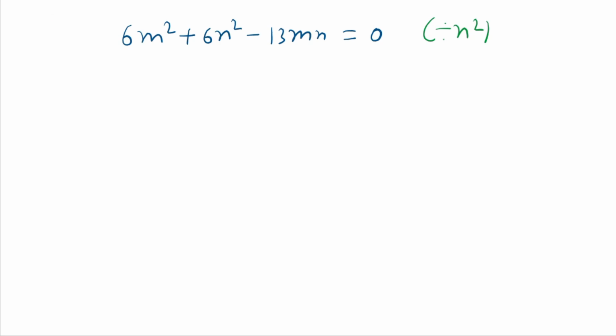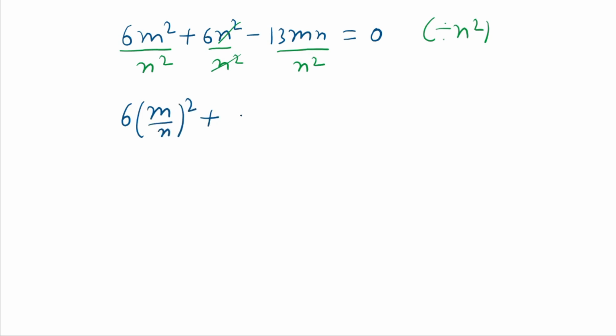then in the left hand side here n square, here n square, and here n square. This n square and this n square cancel out. M square over n square, which is m over n whole square, times 6, plus 6 minus 13 times m n over n square, which is n times n, and this is equal to 0.